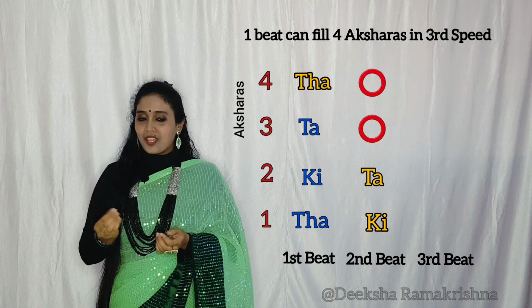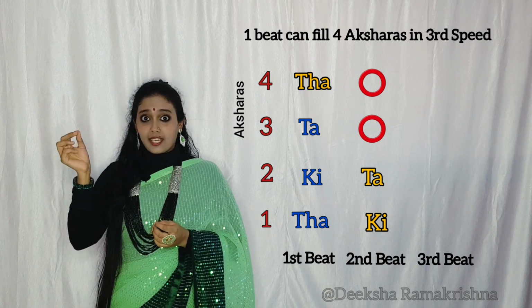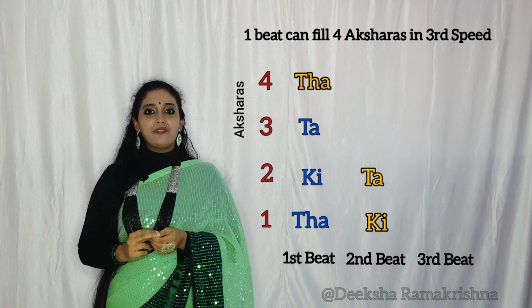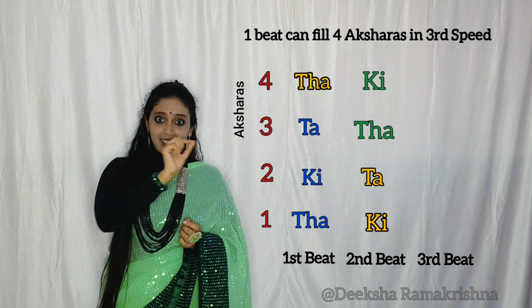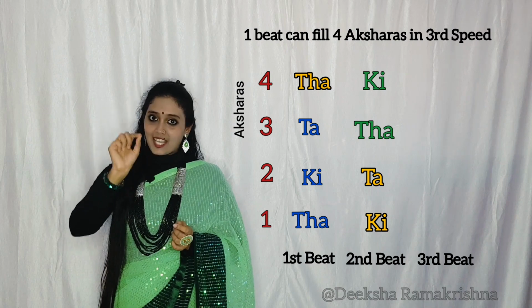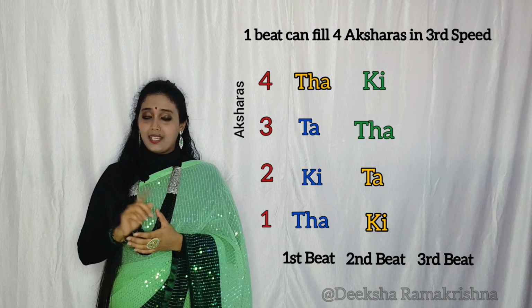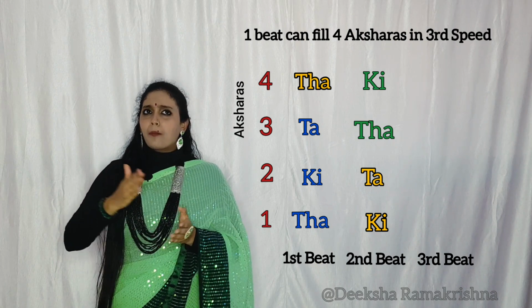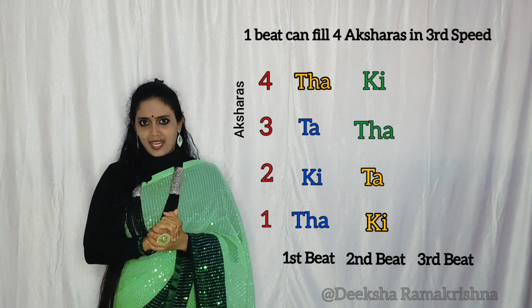So we consider the next takita, and we can't fill the entire takita because only 2 spaces are left. So what we can do is fill ta, ki. So ta, ki, ta, ta, ki, ta, ta, ki. So 2 beats are done now. We are left with only 1 beat, the last beat. In the previous beat, we completed till ta, ki, ta, ta, ki, ta, ta, ki, right?